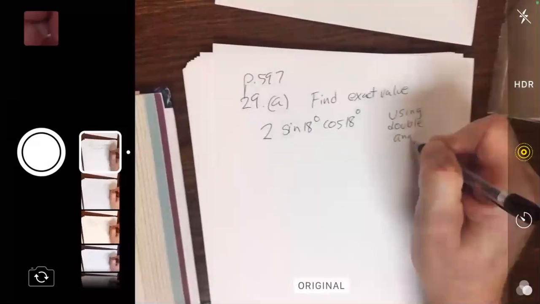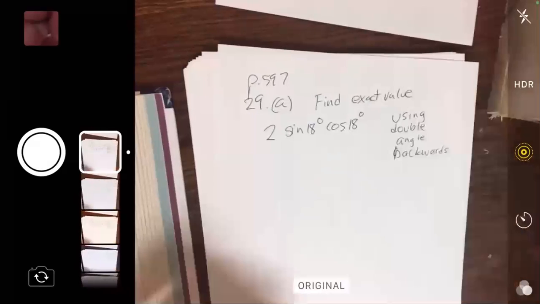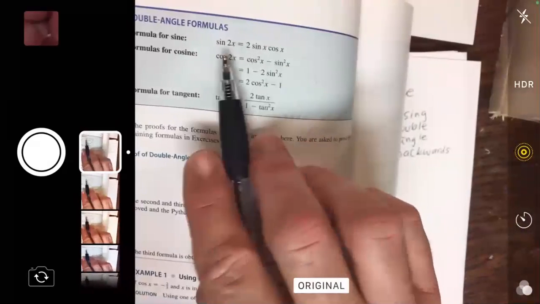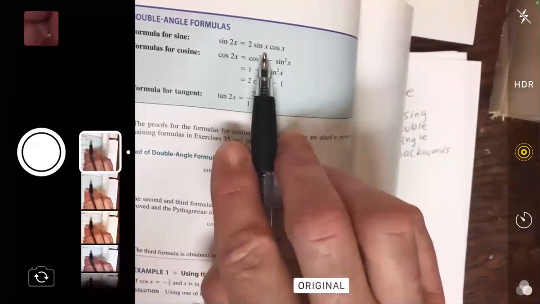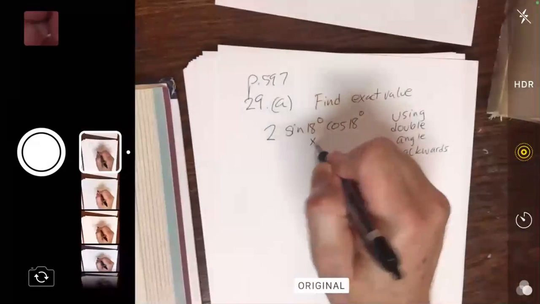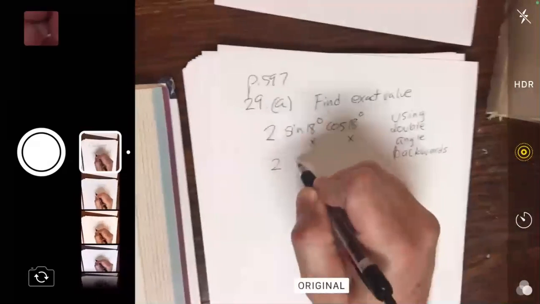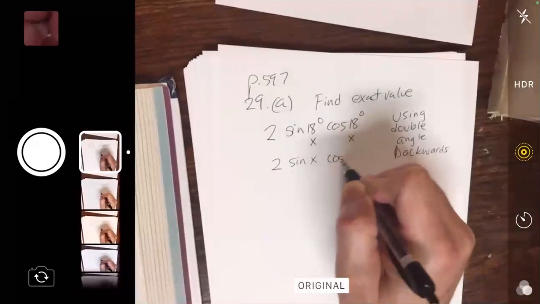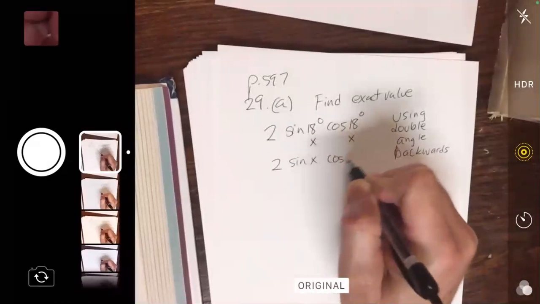So if you look back at the double angle formula, twice sine x cosine x is equal to the sine of double whatever that x is. Meaning this is the x, this is the x, match it to twice sine x cosine x equals sine of twice that x.